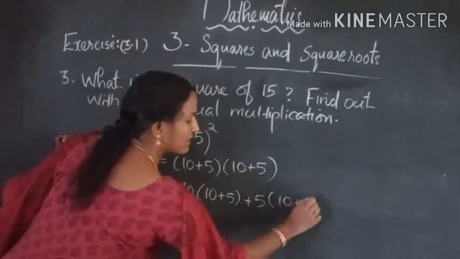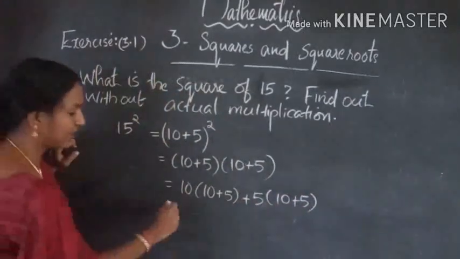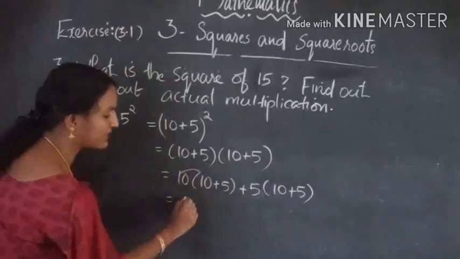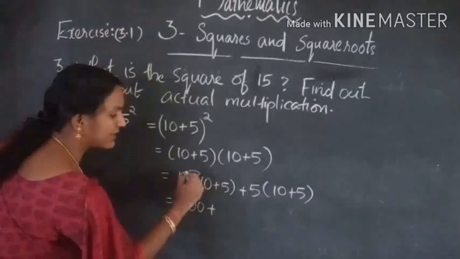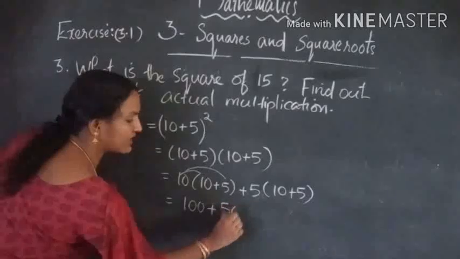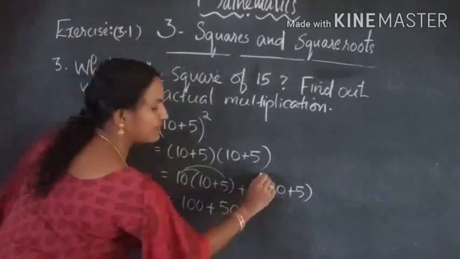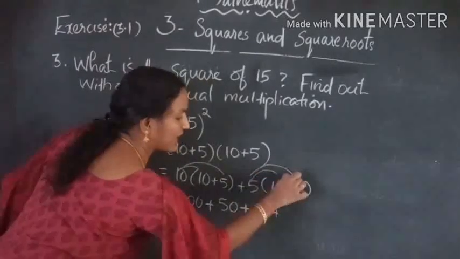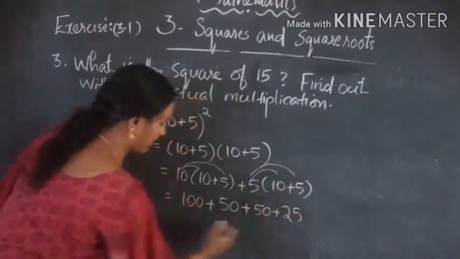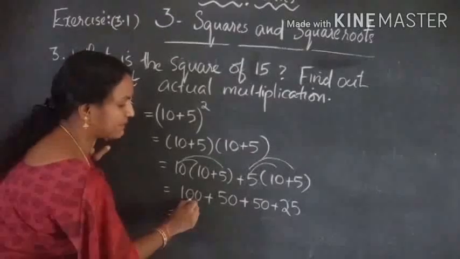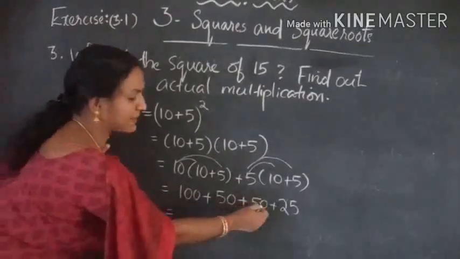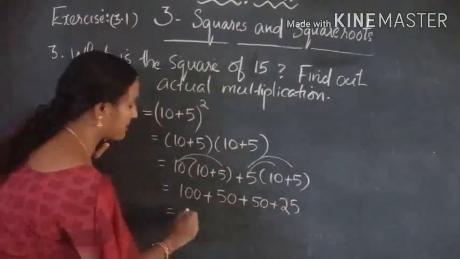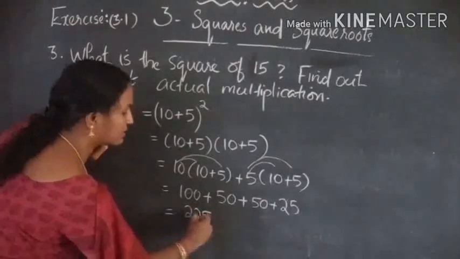That is 10 into 10, 100, 10 into 5, 50, plus 5 into 10, 50, plus 5 into 5, 25. Adding 100 plus 50, 150 plus 50, 200, 200 plus 25, 225.